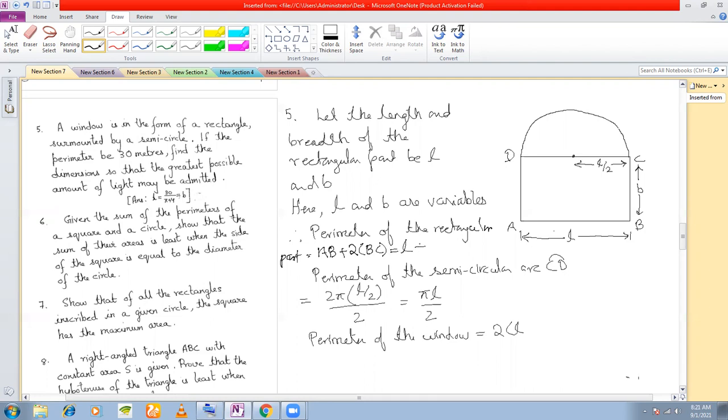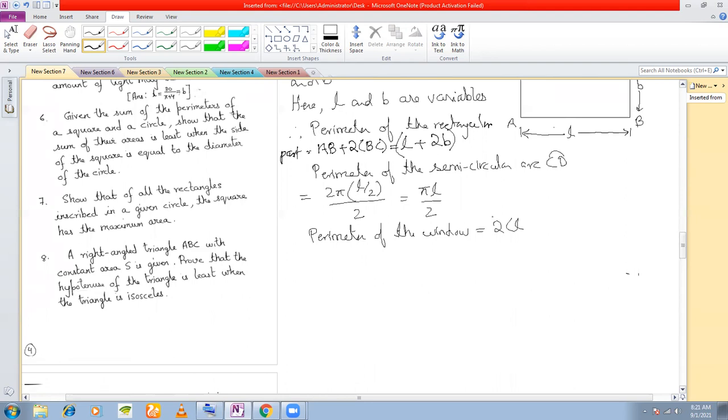AB is L plus twice B. Okay. This is the perimeter of the rectangular part. So what is the total perimeter? L plus 2B plus pi L by 2. I hope you understood what I did, right, with the perimeter. Okay. So this is the perimeter of the semicircular window.